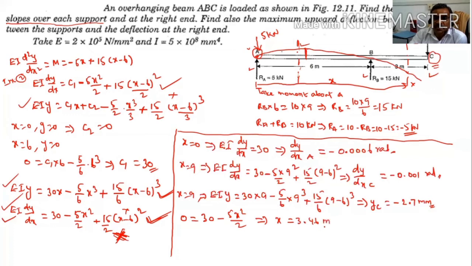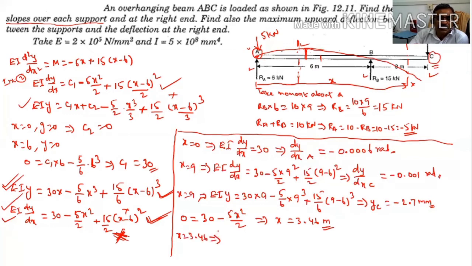What is this? This is the location, maybe somewhere here, where the deflection is maximum. Right? So now you find that deflection. In the deflection equation, substitute x is equal to 3.46.